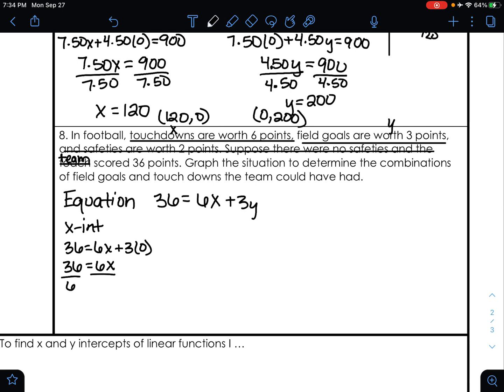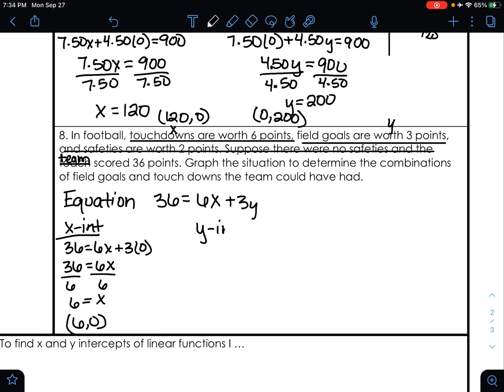I divide both sides by 6. I get x equals 6. So if my team only scores touchdowns and no field goals, they would have to score 6 touchdowns to get 36 points. Okay, that is 6 touchdowns, no safeties, gets me 36 points. That's what the x-intercept represents.